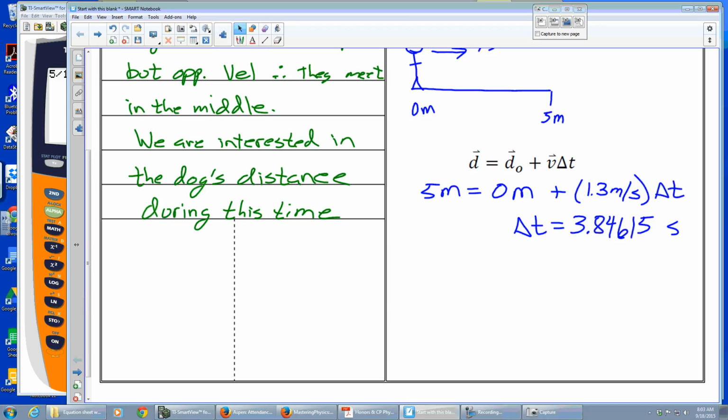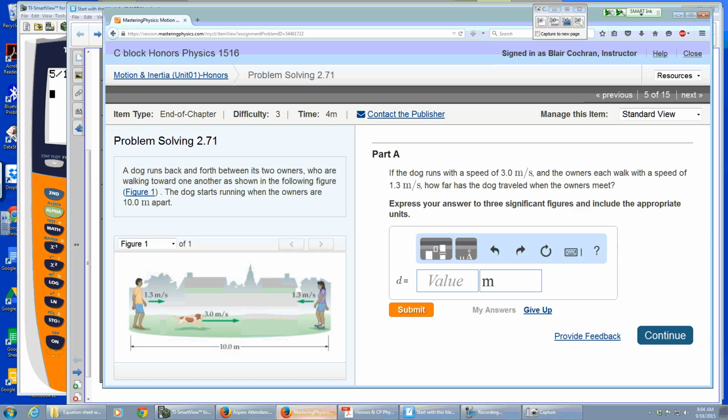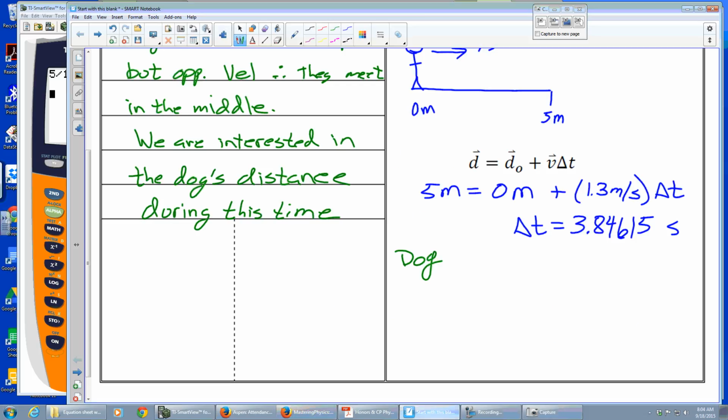Now I'm interested in the dog. And so the dog is running back and forth at 3 meters per second and running for this amount of time. So I'm going to use my same equation. I'll just write it this time. D equals D naught plus V delta T. I'm going to just worry about how far it went.